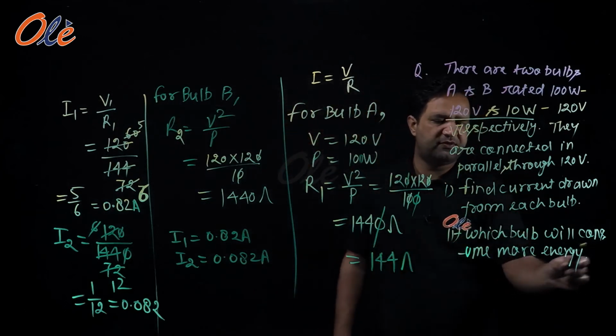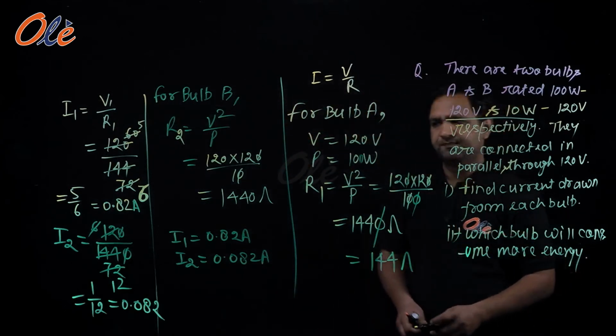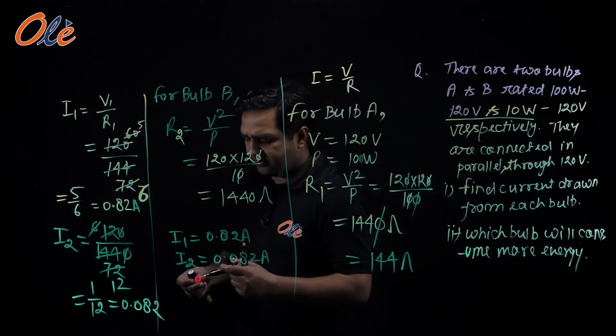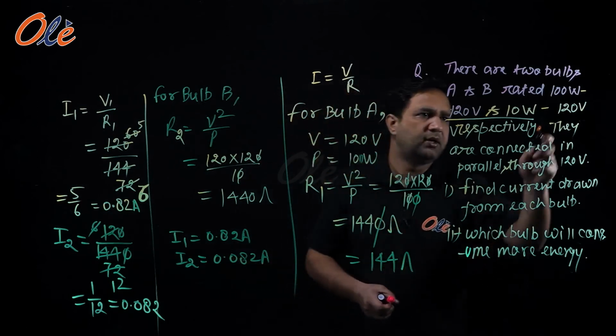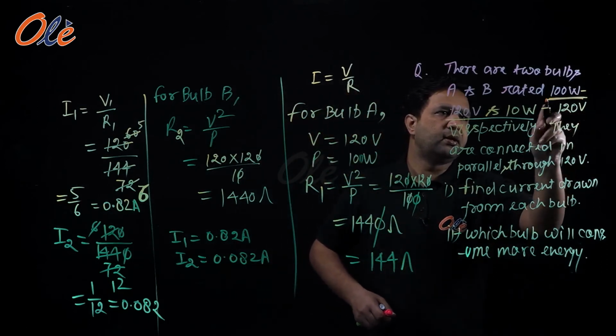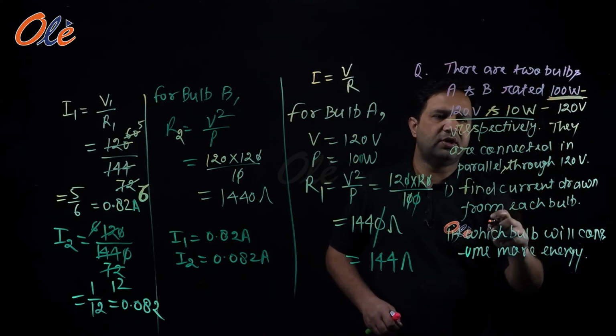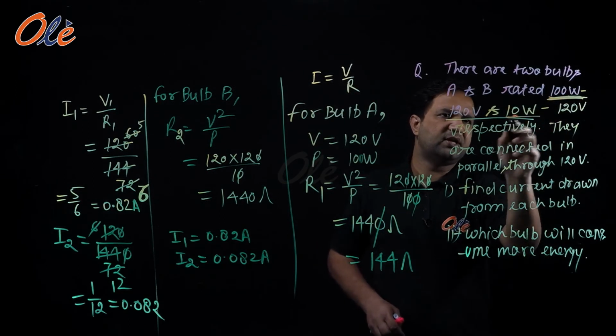Now which bulb will consume more energy? How can you know which bulb will consume more energy? Very simple. For bulb A, the power it requires is 100 watt, and for bulb B it requires 10 watt.